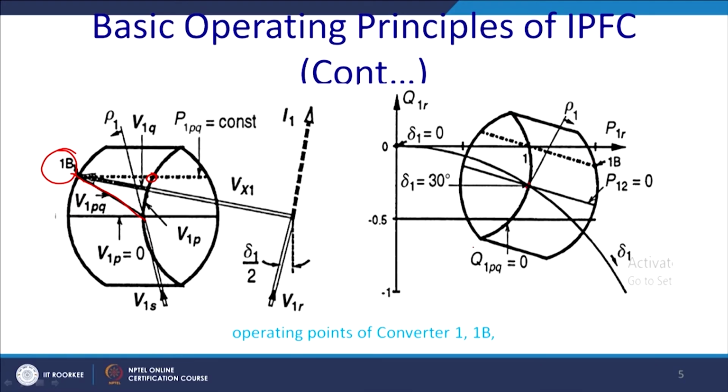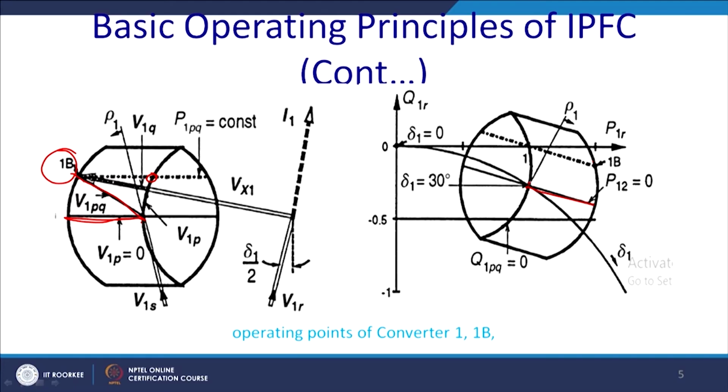Again, in the same case, this is actually the constant PQ line, where power exchange is 0. So, ultimately you have exchanged some amount of real power and some amount of imaginary power. Please see that this is the component where Vp1 is 0, you are required to inject. So, ultimately you have injected V1Q in this line, and also you have to inject some amount of Vp1, so that it can shift there.